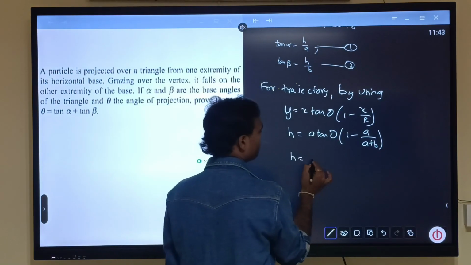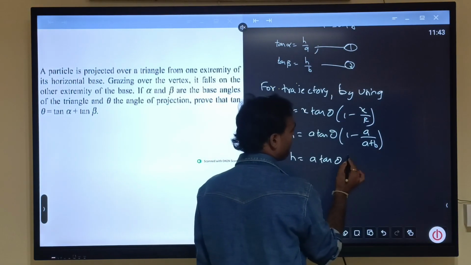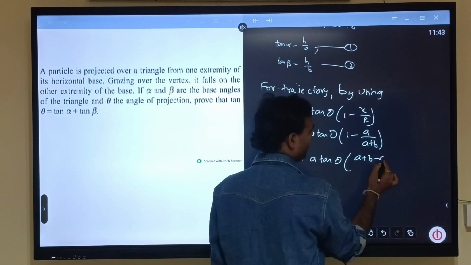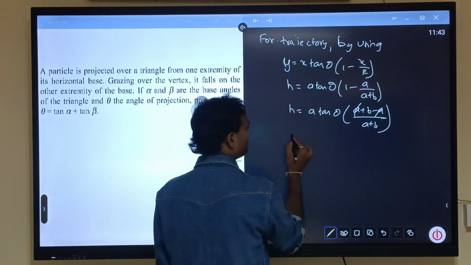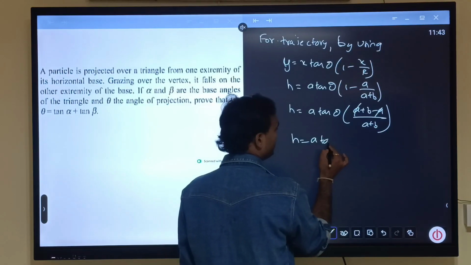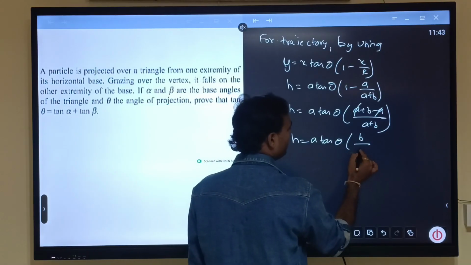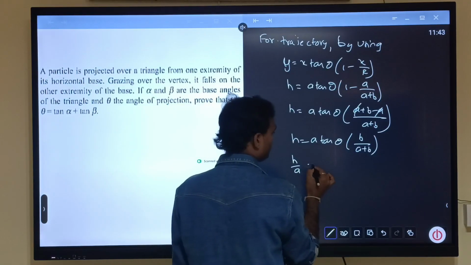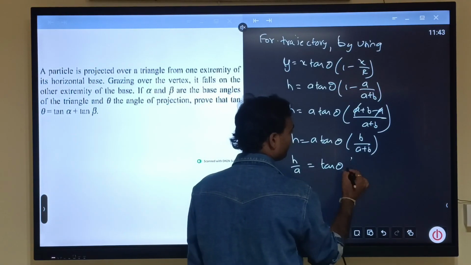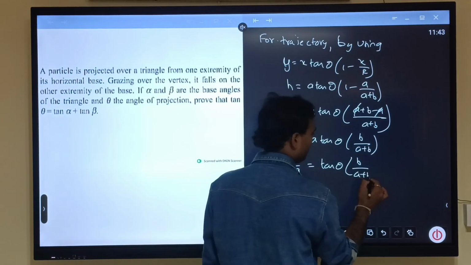Then h is equal to a tan theta (a plus b minus a) by (a plus b). The a's get cancelled. h is equal to a tan theta b by a plus b. Then h by a is equal to tan theta b by a plus b.